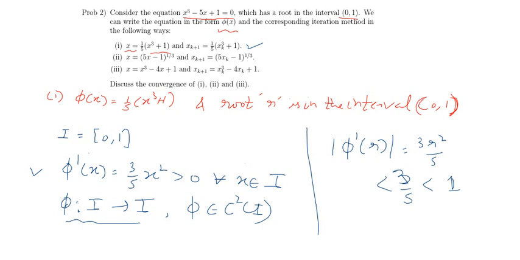Phi dash of R is equal to 3R square by 5, which is non-zero. Why? Because R is in the open interval 0 1, so R is strictly greater than 0 and strictly less than 1, so this number will never be 0.